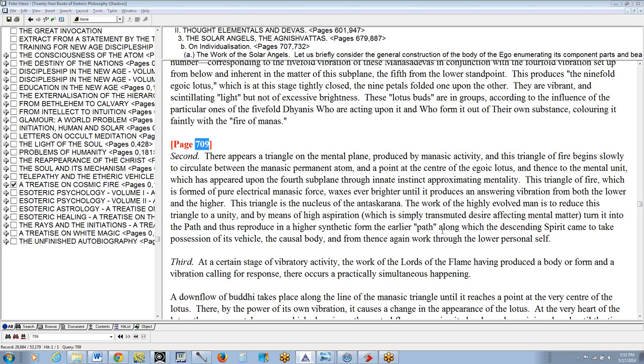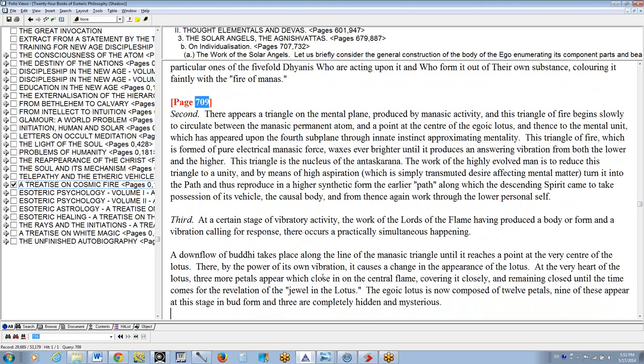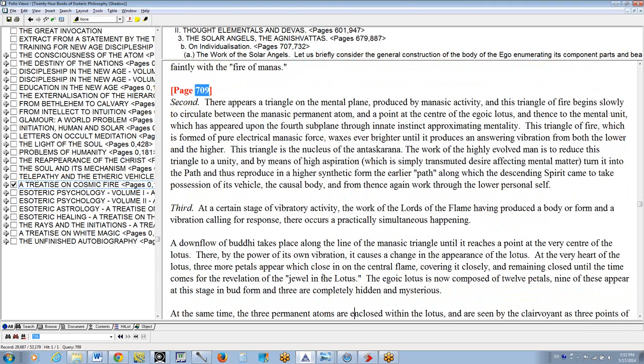Let's see. Here we are. This is how it all works out. At a certain stage of vibratory activity, the work of the Lords of the Flame, having produced a body of form and a vibration calling for response, there occurs a practically simultaneous happening.